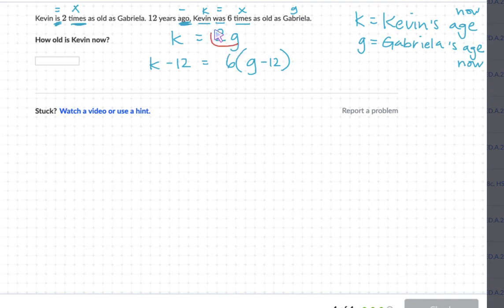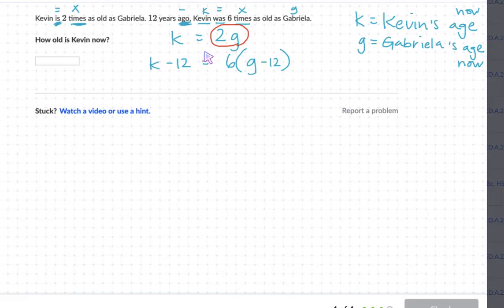K is equal to 2g. So wherever I see k in the other equation, I could replace it with 2g. And then elimination could work out here too. You just have to make sure you have an elimination variable. So I would say usually you would go with substitution or elimination.